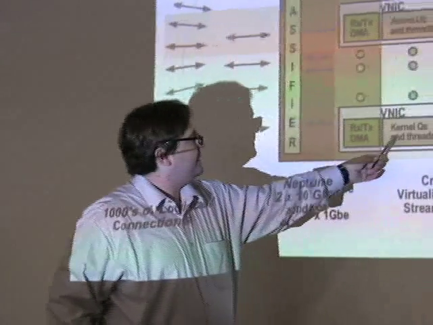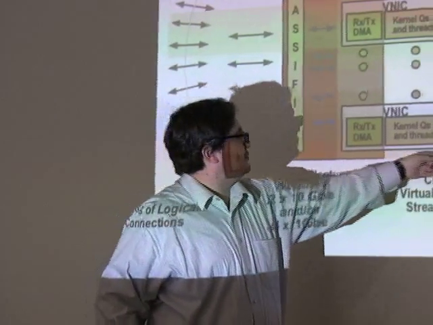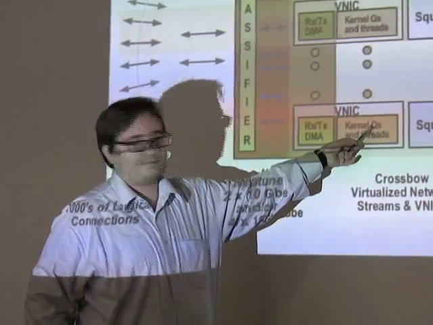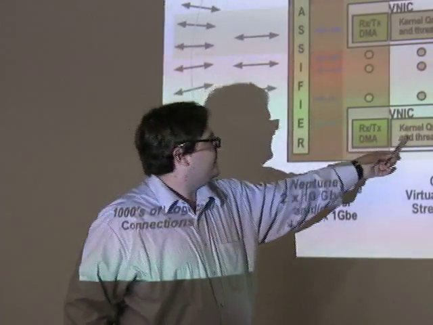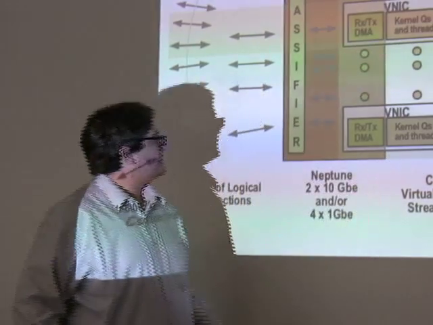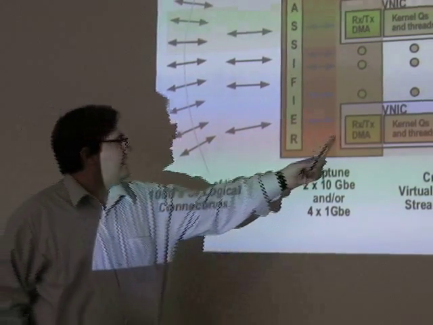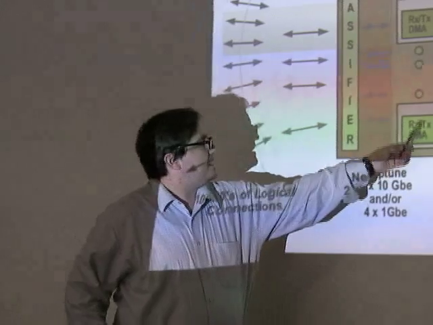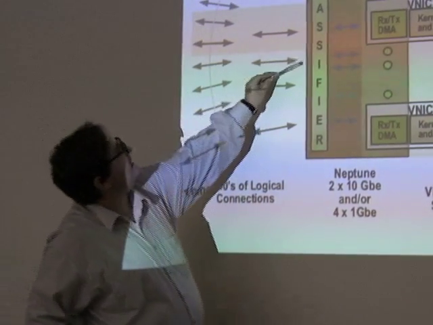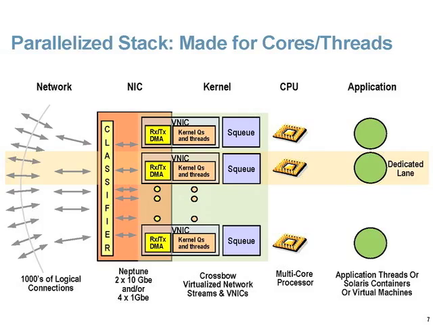This Q means queue, but I didn't have space to put it. It means kernel queues and trees. You have a ring, RX, TX, DMA ring, and you have here a classifier, and NIC, network interface cards. But basically what happens here, I tried to be more descriptive, but if you have a question, just ask me.